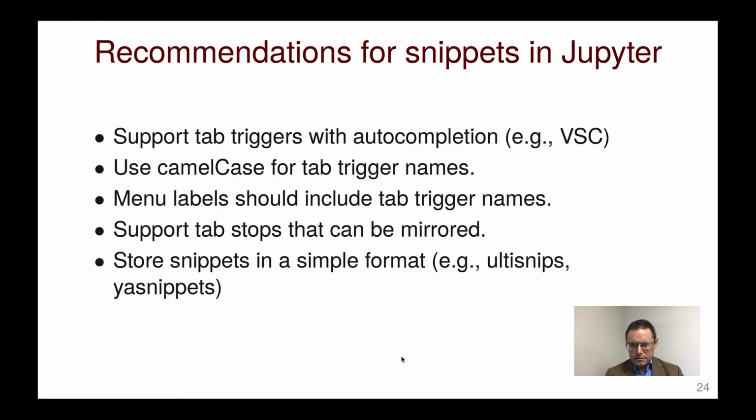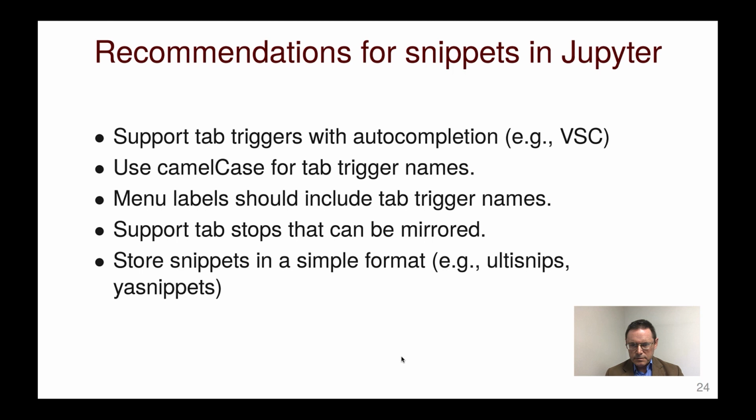So my recommendations for the use of snippets in Jupyter are for the developers to add support for tab triggers with autocompletion like we saw in Visual Studio Code. I highly recommend the use of camel case in the writing of the tab trigger names. It is the standard, of course, in Python to use snake case with underscores between the names and our words in lowercase.